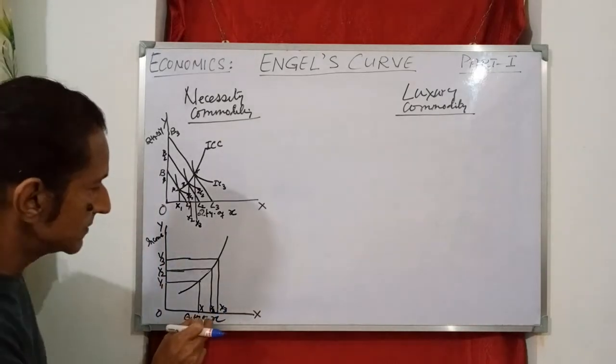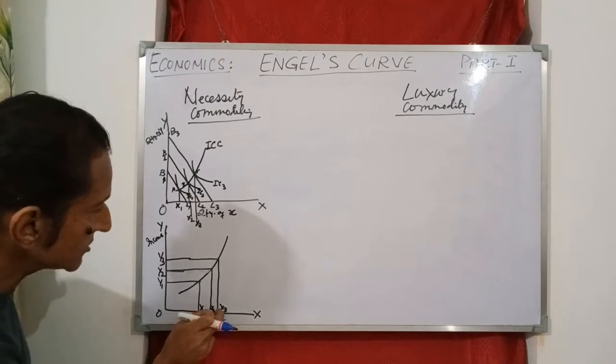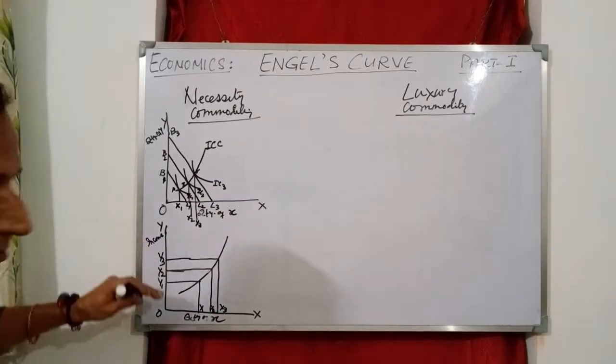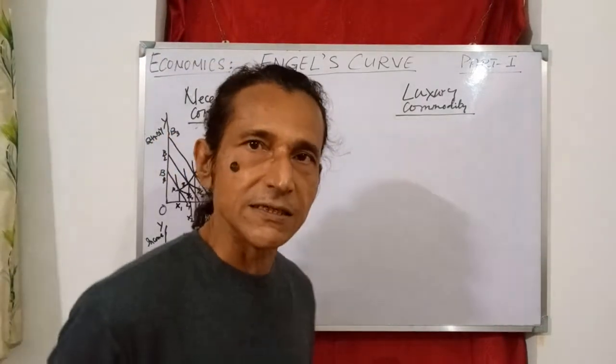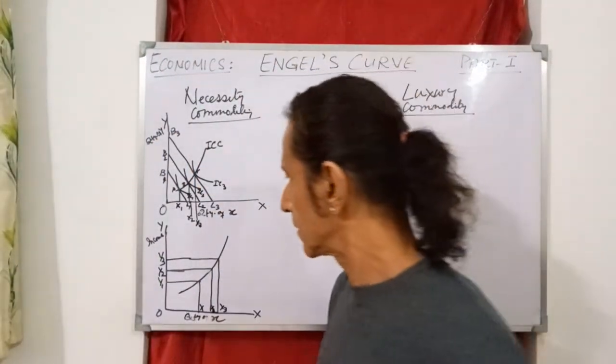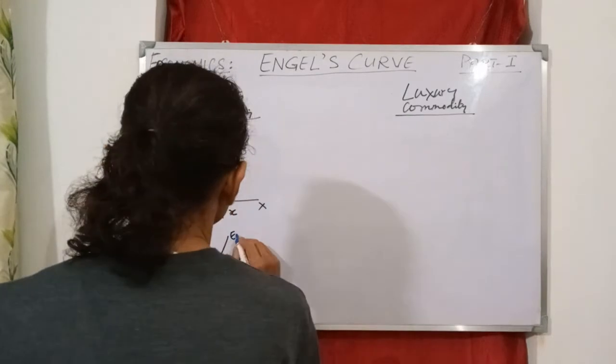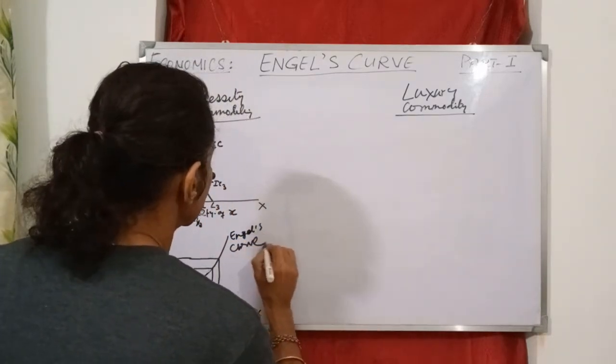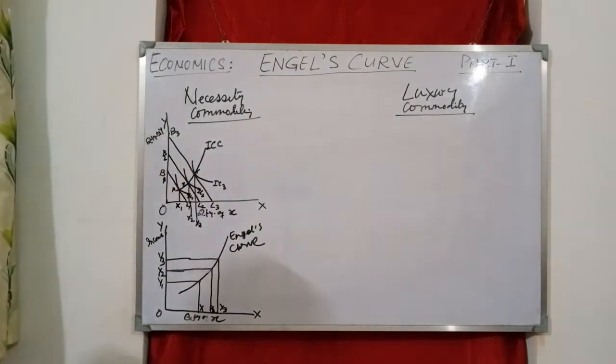So you can see the gaps X1, X2 and X2, X3 are gradually decreasing as the income of the consumer increases by the same amount. So this is Engel's curve for a necessity commodity.